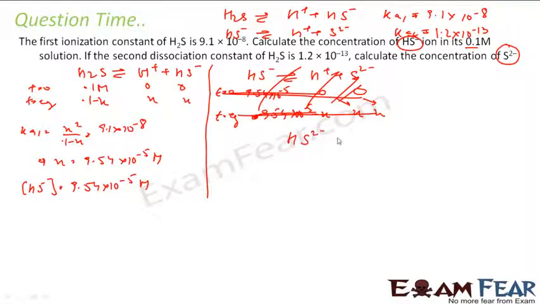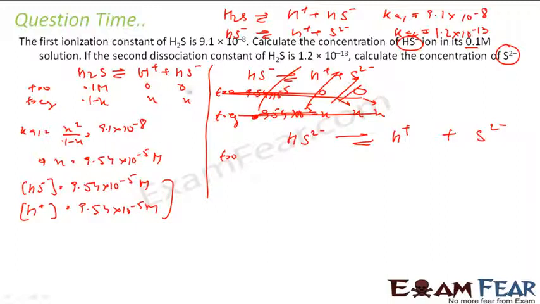HS minus gives H plus plus S2 minus. At t equals 0, H plus and HS minus both have the same value, 9.54 into 10 to the power minus 5 M, and S2 minus will be 0.